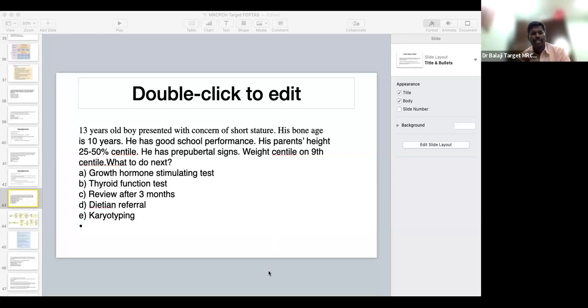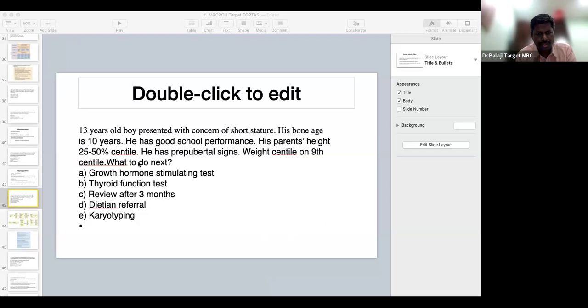Whenever the bone age is delayed and height is more affected than the weight. If weight is more affected, then we think in terms of nutritional causes or systemic infections. But here height is more affected, bone age is more affected, and parents are of normal height, so you think in terms of endocrine.